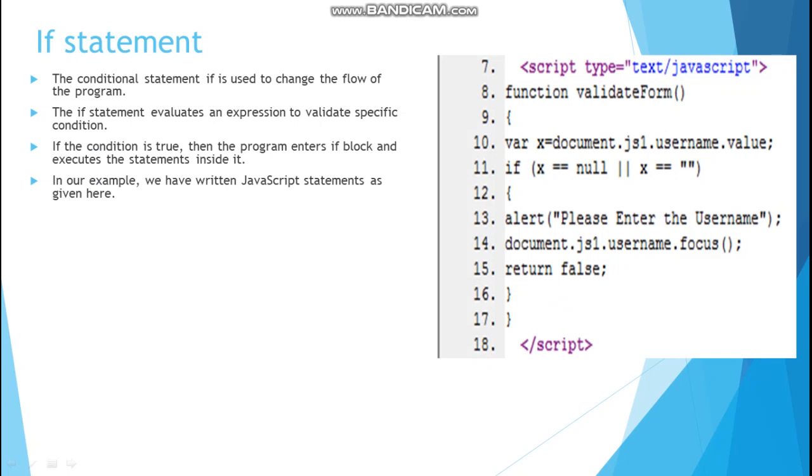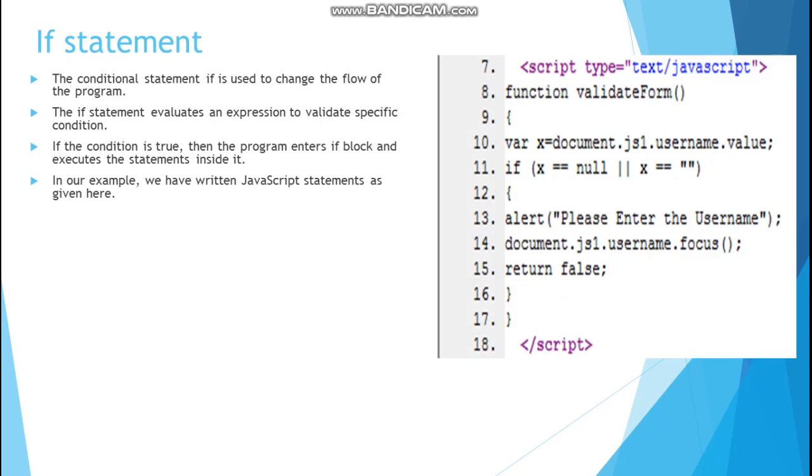It means that the browser screen is known as document, inside the browser js1 is the name of the form, and inside form js1 there is a text box named username. So whatever we have written inside the username text box, that value, dot value, will get stored in the x variable. So suppose you have written ram, then the value of x will become ram.